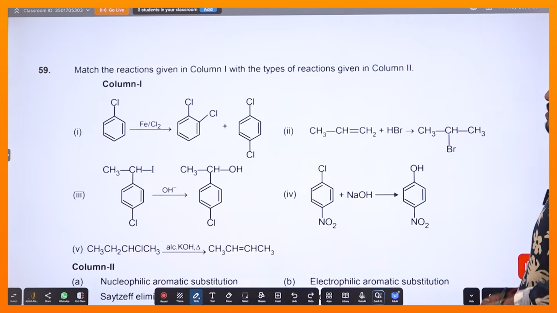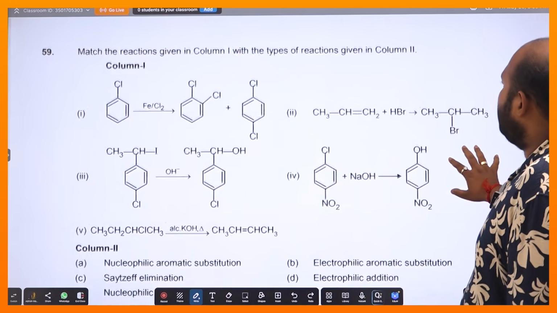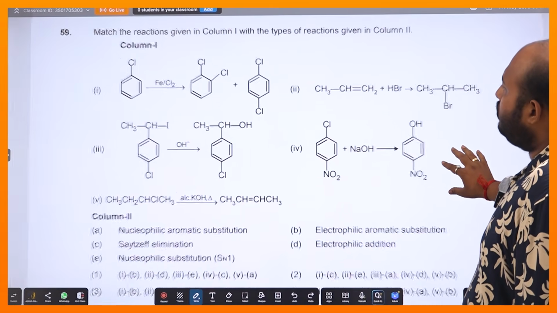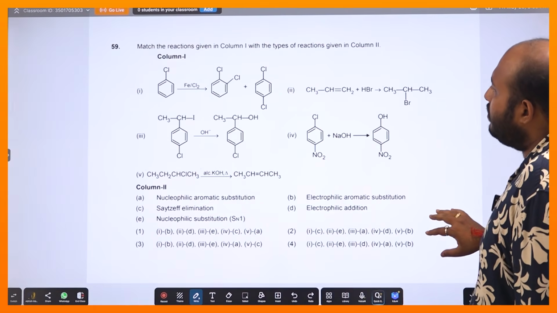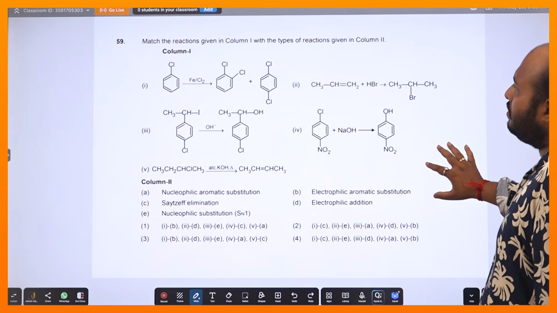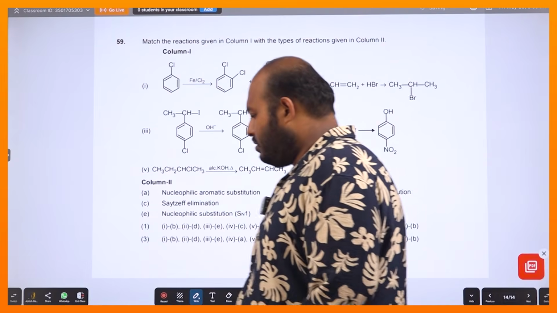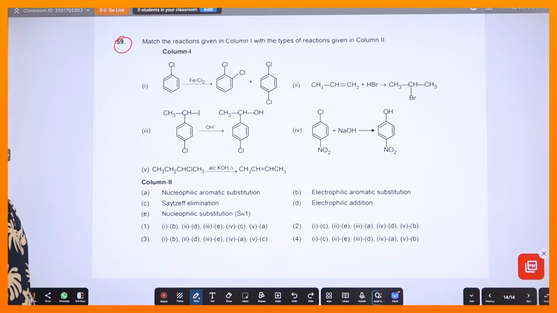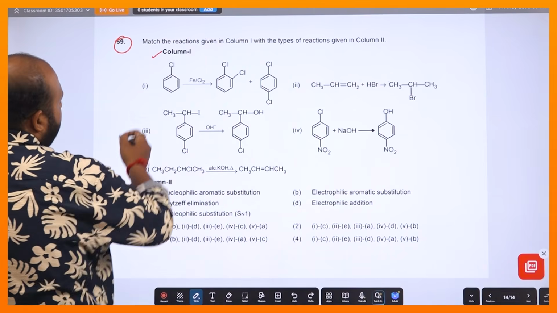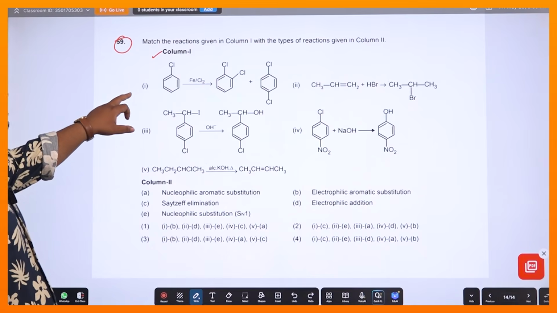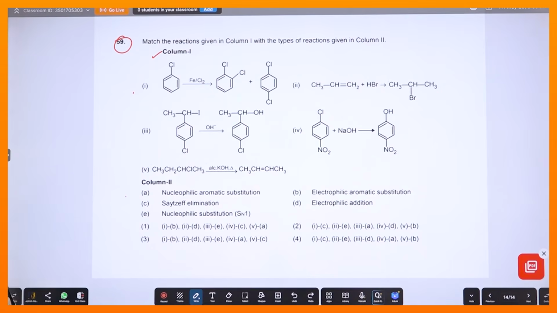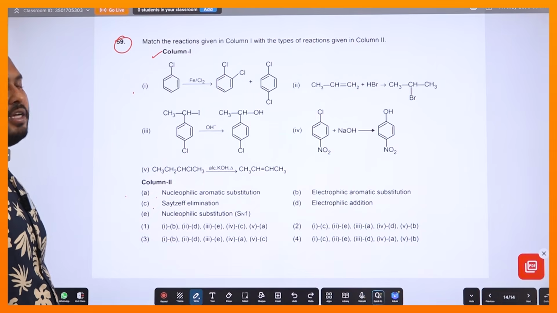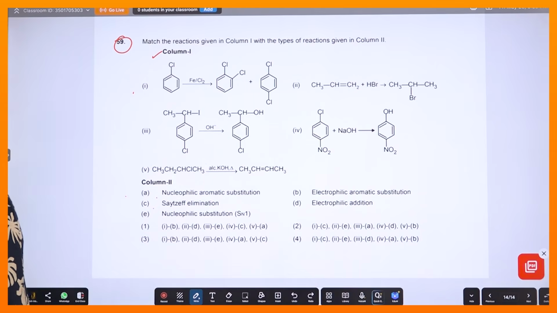Let us come to the next question. This is again a column matching question. There are 2 columns, hopefully you can see here. For question number 59, we simply have to check which reaction is in accordance with each item, and what reaction is happening in each case.